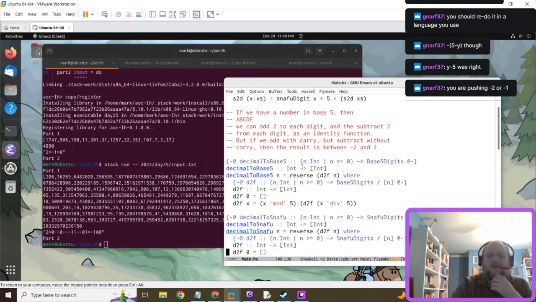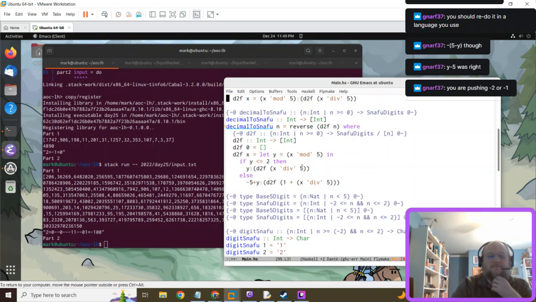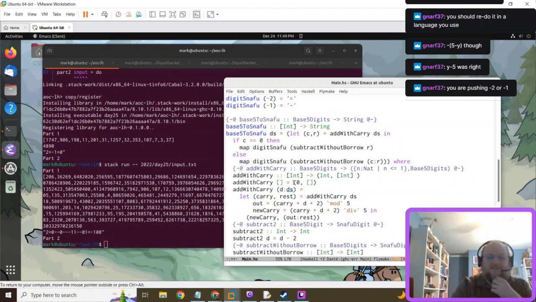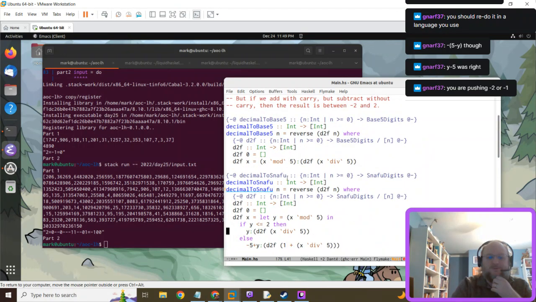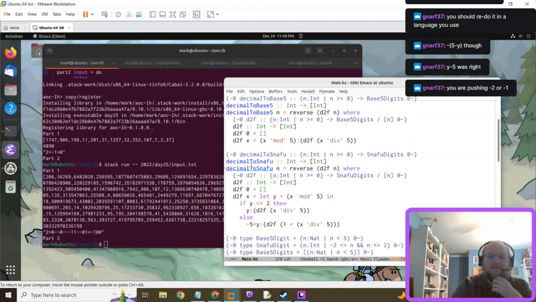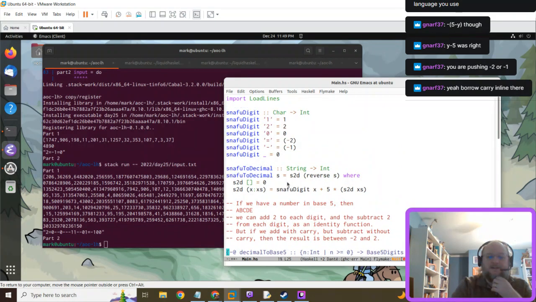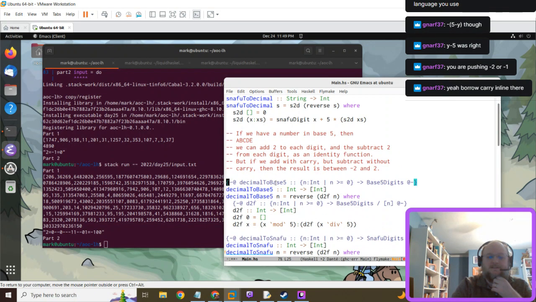All right. So if we're up for a challenge, the challenge is proving that these are inverses.